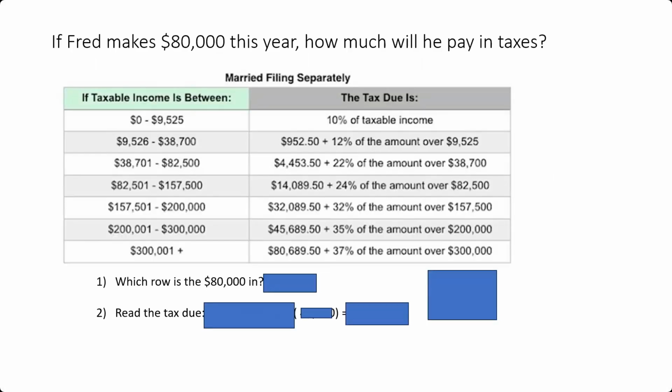If Fred makes 80,000 this year, how much will he pay in tax? So the first thing you want to do is find where the 80,000 is and then go across and follow what it says. So go ahead and find it.